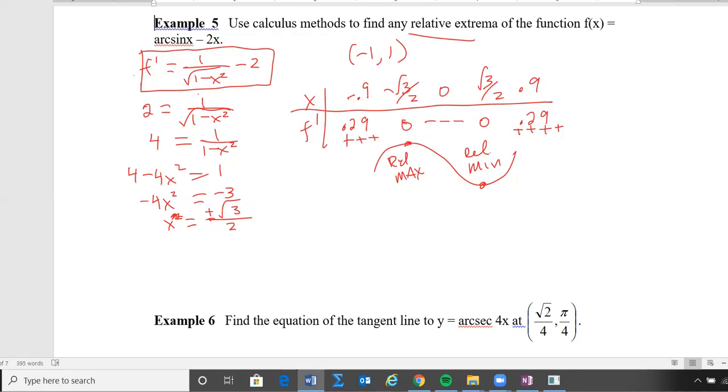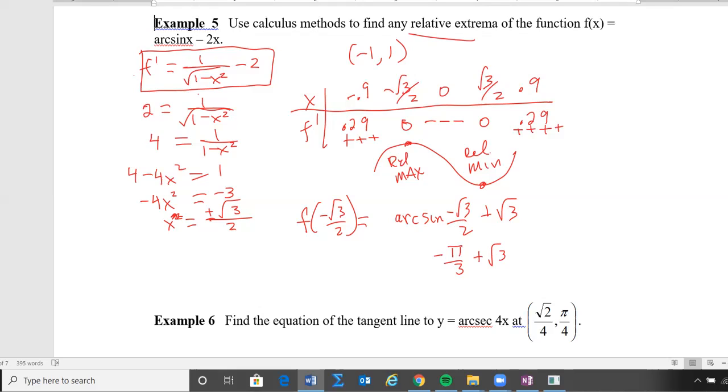We can get our numbers, just substitute them in. F of negative root 3 over 2 is the arc sine of negative root 3 over 2, plus root 3. That would have to be negative pi over 3 plus root 3.